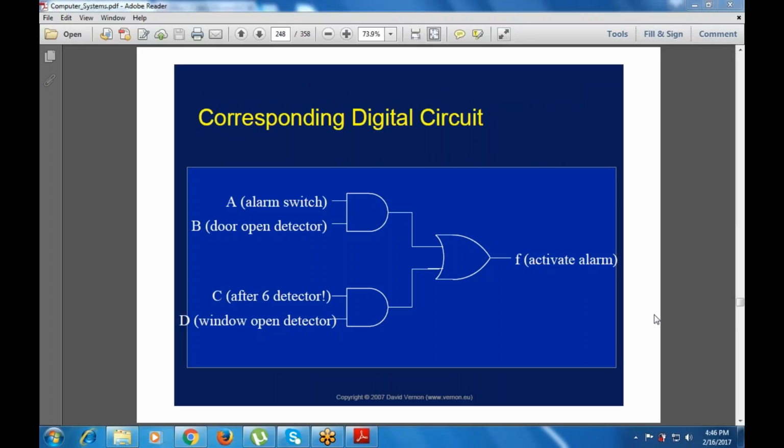Now the next topic is corresponding digital circuits.